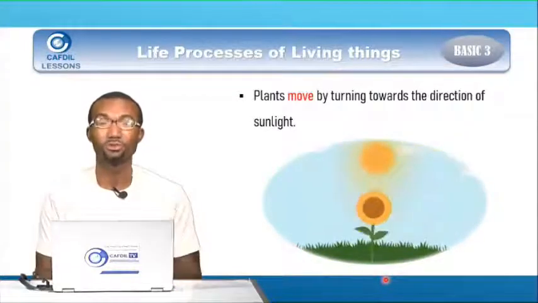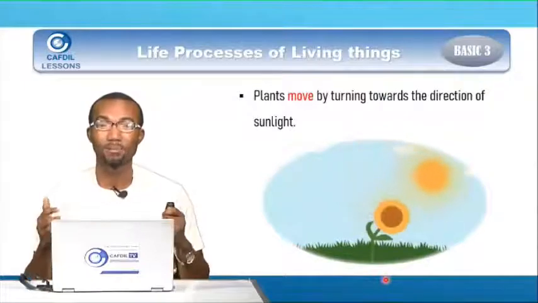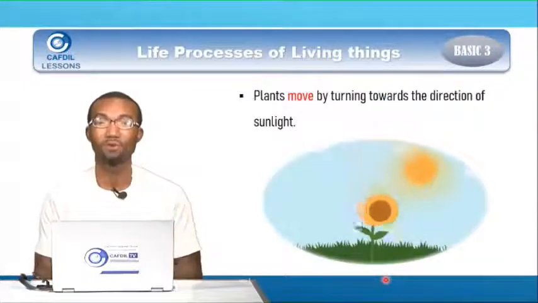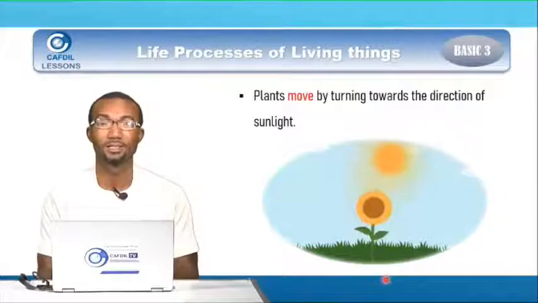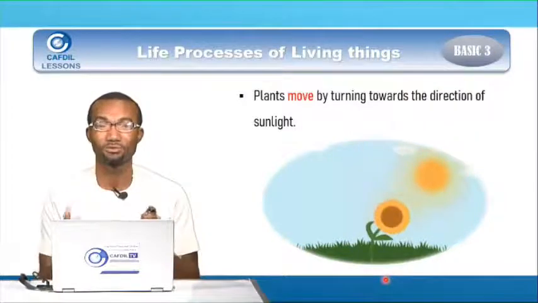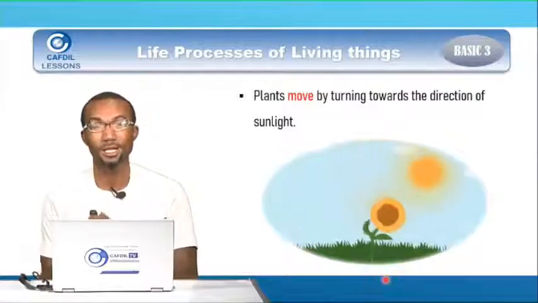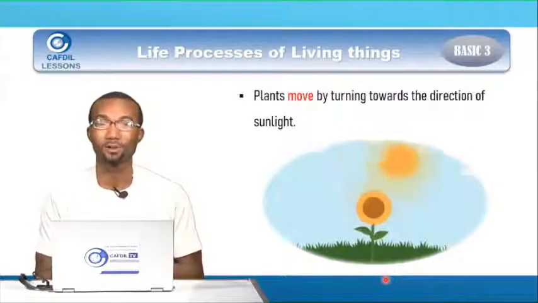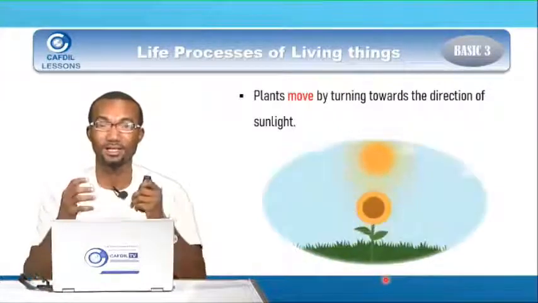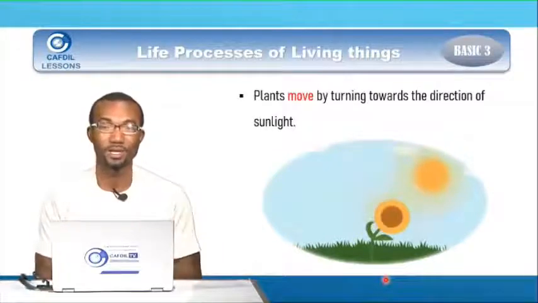When you were in Basic 2, we learned that plants also prepare their own food. They use sunlight, water, and air. So when they are preparing their food, they need to turn to the direction of the sun so that they can get the sunlight to prepare their food.